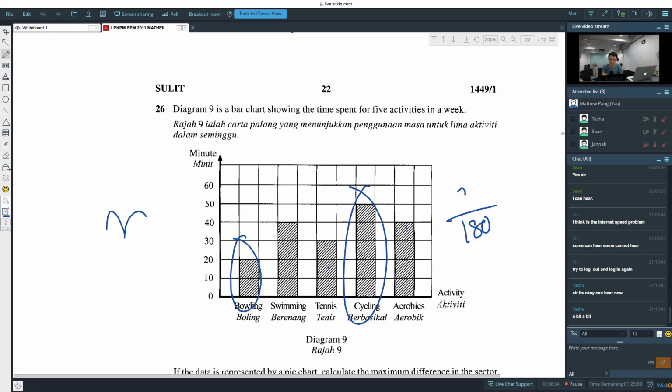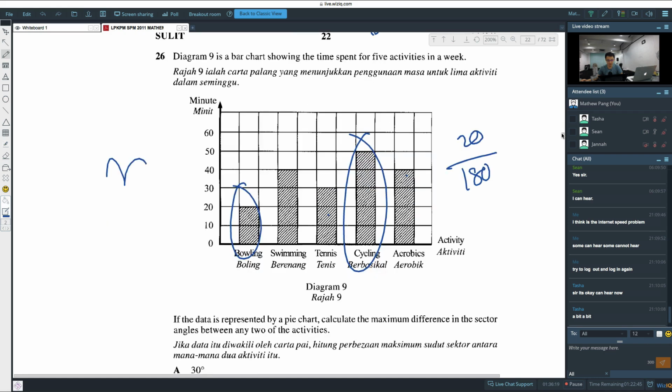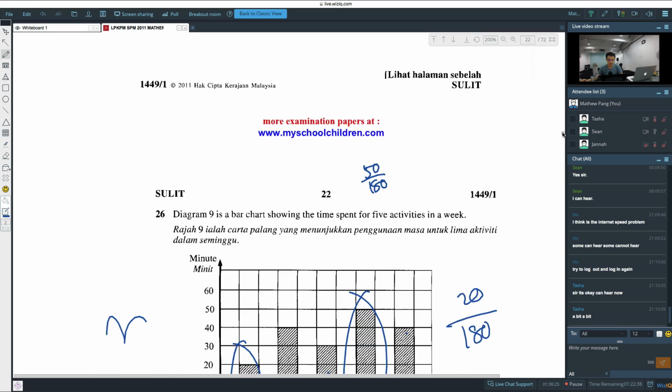So for the bowling it is 20 out of 180. For the cycling, basically it is 50 out of 180. Both we have to change into degrees because of what the question wants. The question basically wants to know, if the data is represented by the pie chart, what is the maximum difference in sector angle?